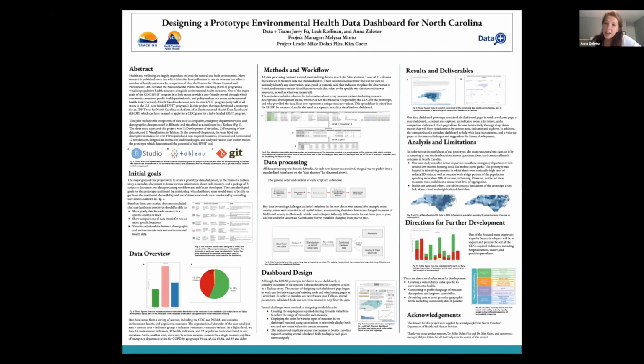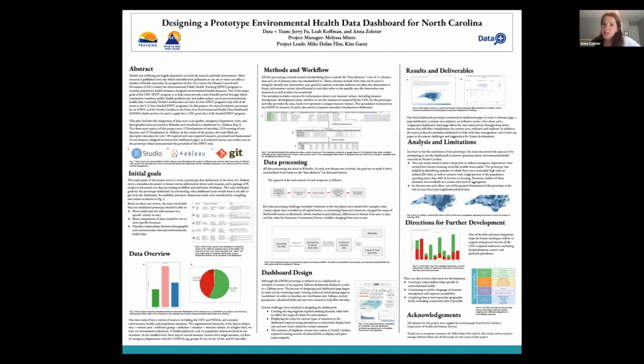The initial major goals of our project were to create this prototype or pilot data dashboard, to create a package of R scripts to document how we did our data processing and guide future developers in processing new data that comes in, and to create a big metadata table that would guide how the different measures in our data are defined. Leah will talk more about what metadata means in a minute.